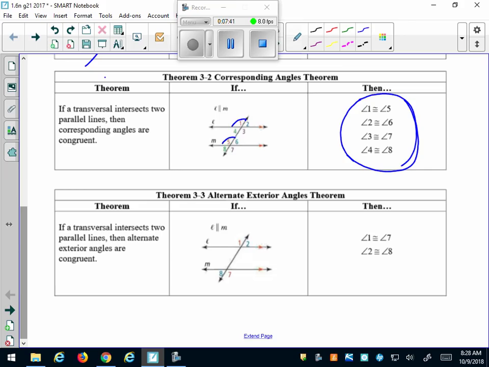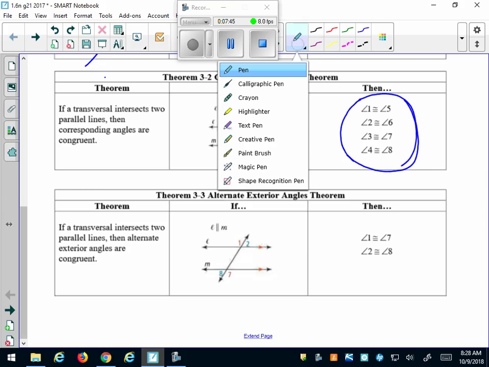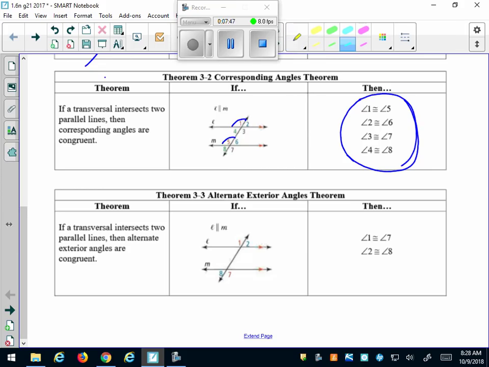Okay, so the last one here, alternate exterior angles. Like we said before, the exterior is going to be everything besides the interior, right? So the interior is between the lines, and the exterior is kind of above and below.